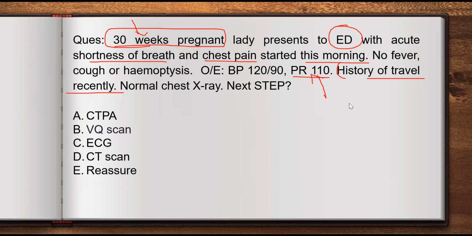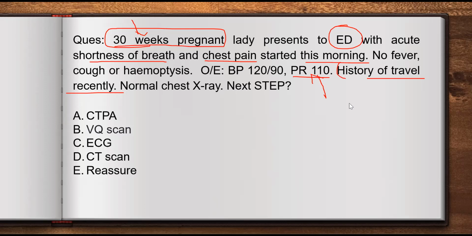In this case, you need to think about what can diagnose the condition. So you don't need to do a chest x-ray, you don't need to do an ECG, you don't need to do anything. Once you get a high risk criteria and the most likely diagnosis is PE, your next best step becomes diagnostic imaging.